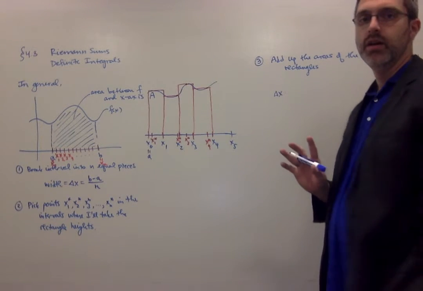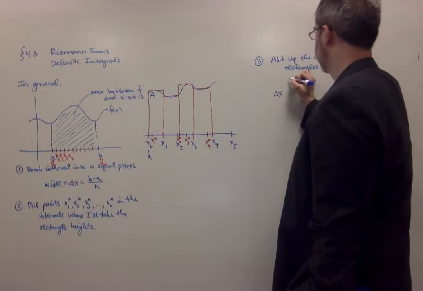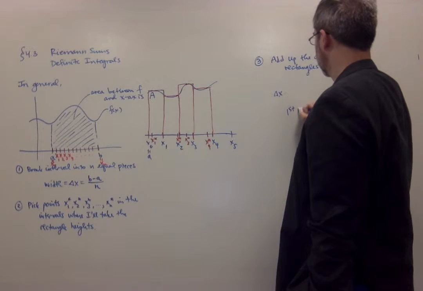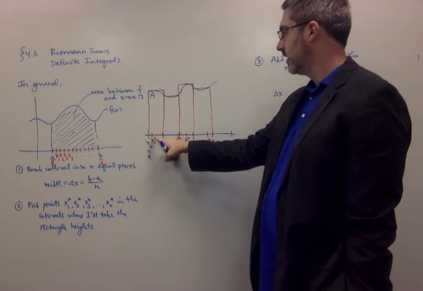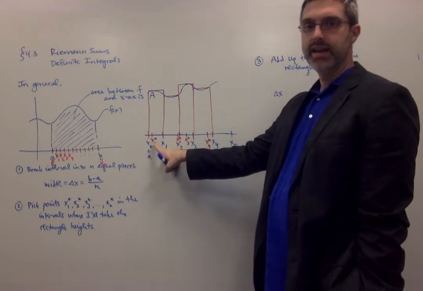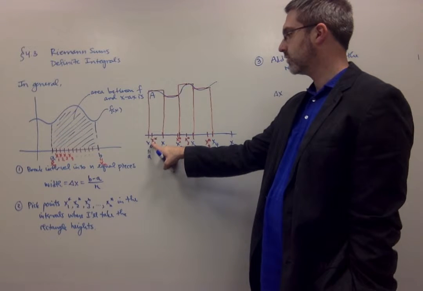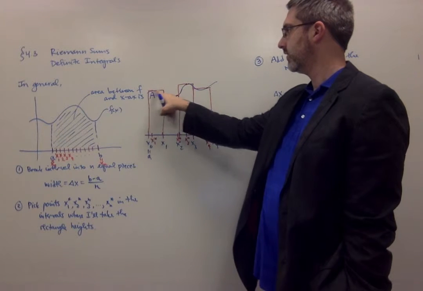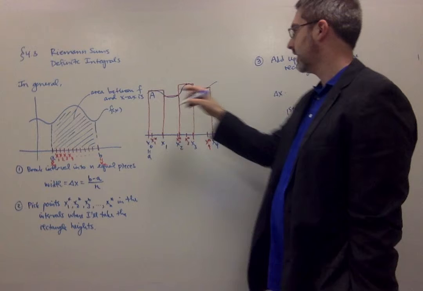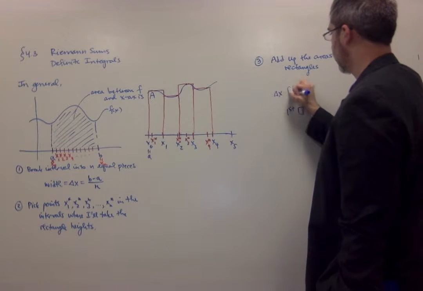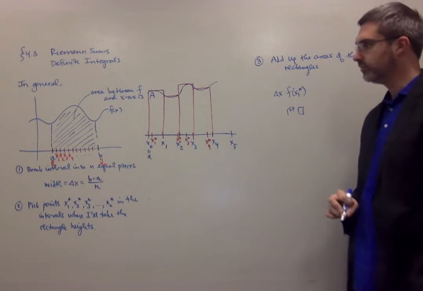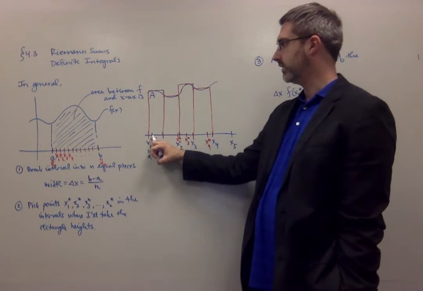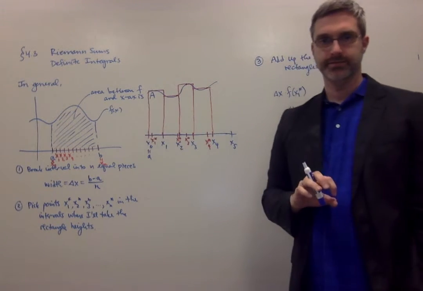So the first rectangle has width delta x, and the height we're taking at this point that we picked, x1 star, and we're plugging it in the function. So we get a height of f of x1 star. It's what we get when we stick this point into the function. Okay?